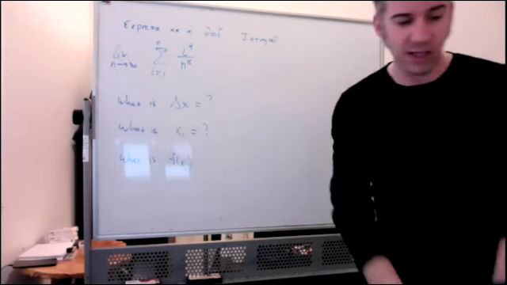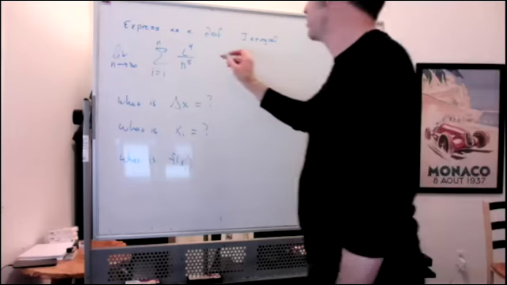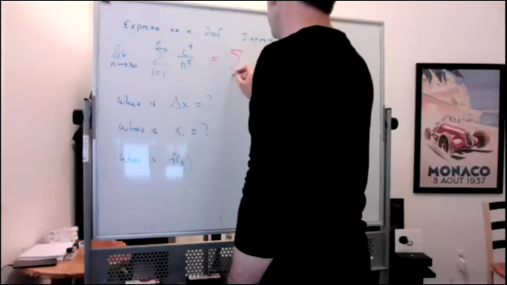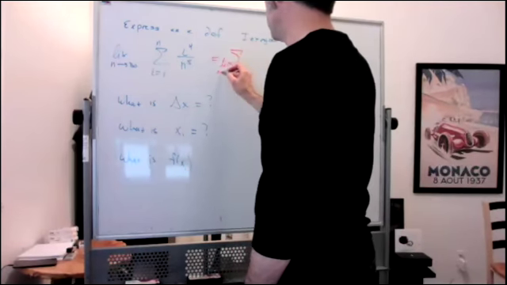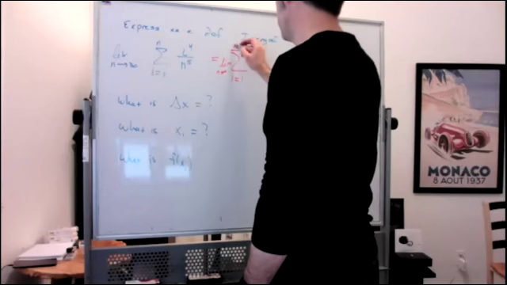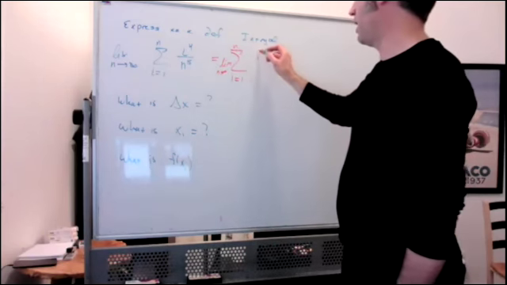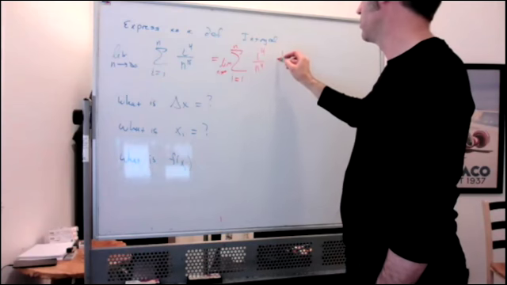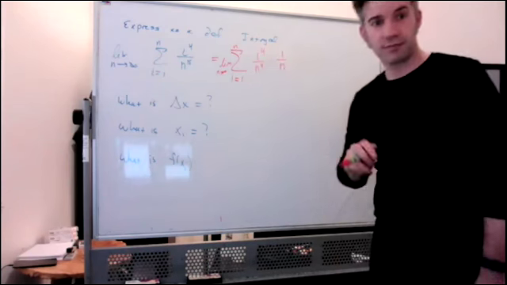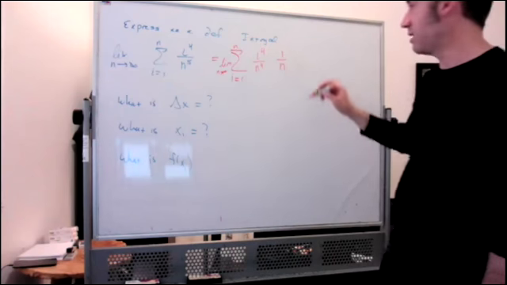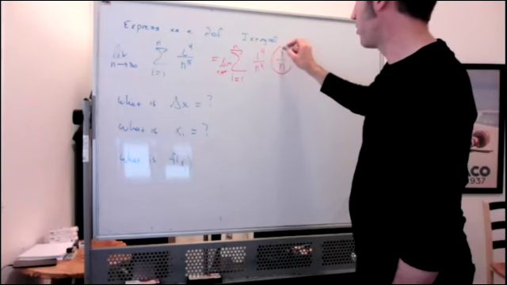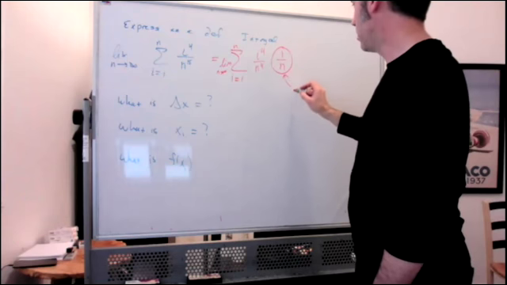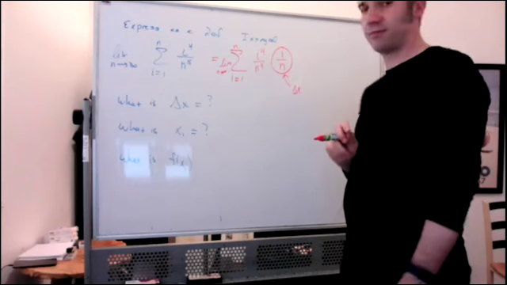So I might rewrite this as the limit of the sum from i equals 1 to n of i to the 4th over n to the 4th times 1 over n. Because then this can probably play the role of delta x.